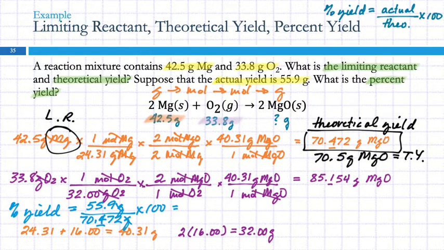The grams cancel out. 55.9 divided by 70.472 times 100. So this should also have 3 significant figures, 79.3%. That's our percent yield. Any questions?